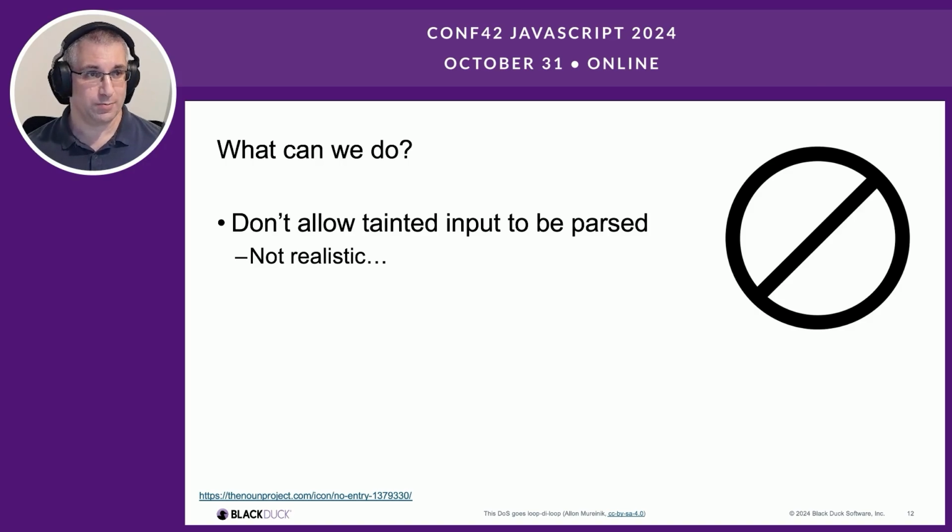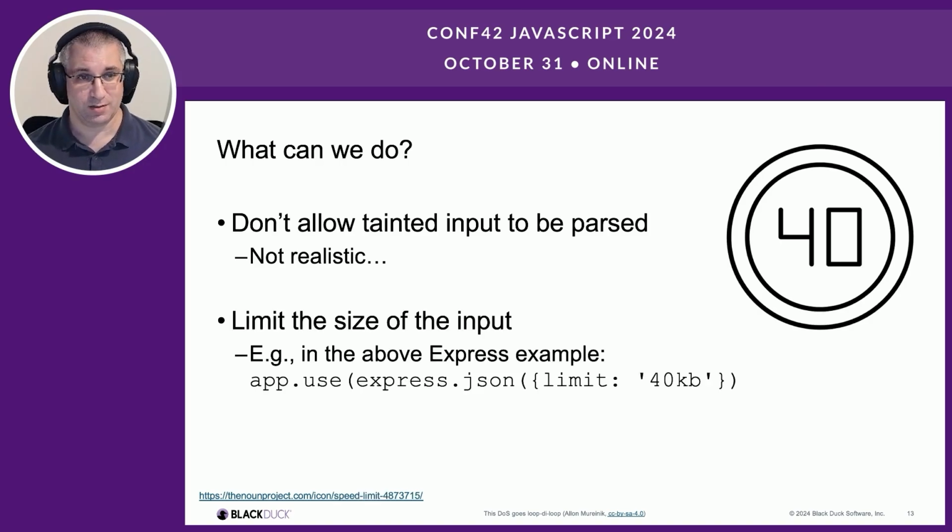More realistically, you can just limit the size. A length check is a very cheap operation. And if you can just limit the size and double check the length before you try to parse this long string as a JSON, you have solved a lot of the problem. The key here is to know your applications.